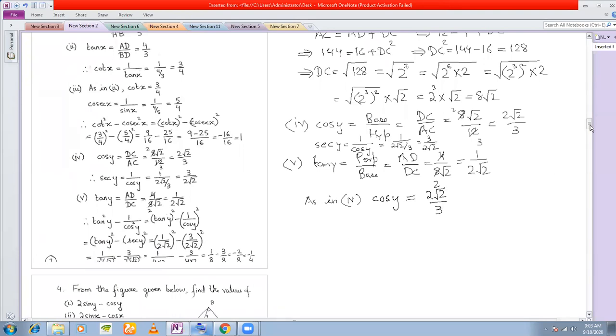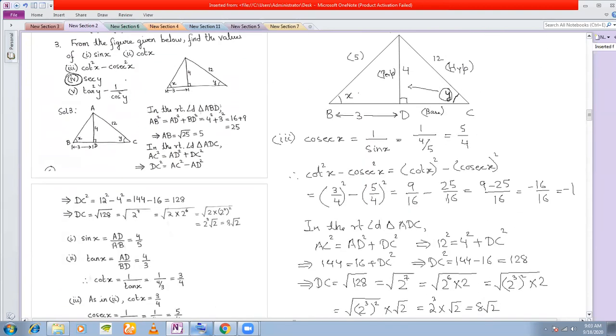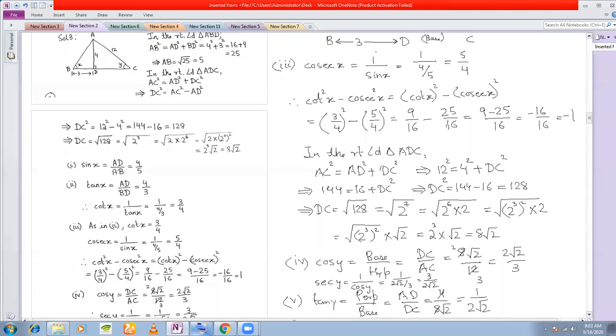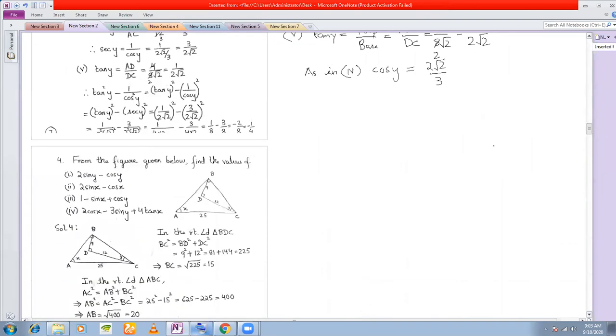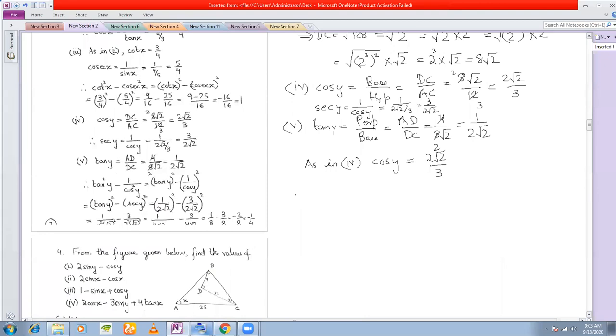What is the value of the expression that we need to find out? We need to find the value of tan square y minus 1 by cos square y. Therefore, tan square y minus 1 by cos square y. Now tan square y is nothing but the square of tan y, and 1 by cos square y can be written as 1 by cos y whole square.